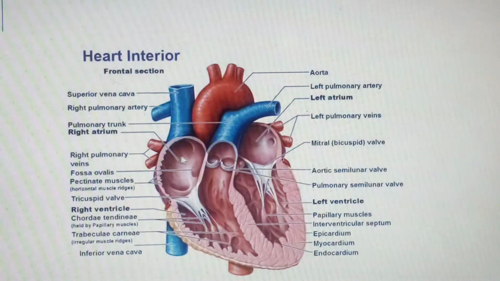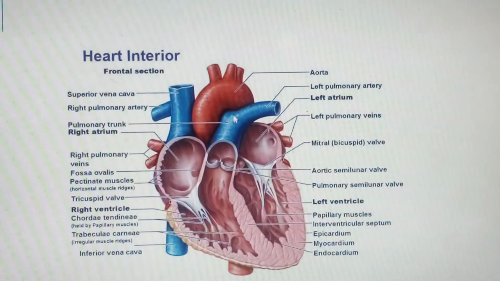I already told you that the posterior superior chambers are the atria, and the anterior inferior chambers are the ventricles. So it pumps that blood from the right atrium into the right ventricle via the tricuspid valve. The right ventricle relaxes to receive the blood and pumps it into the pulmonary trunk.